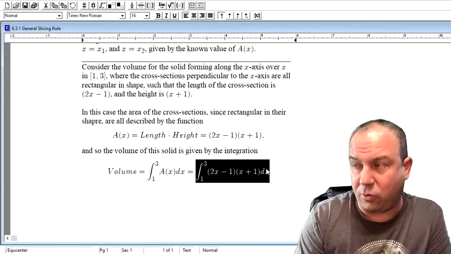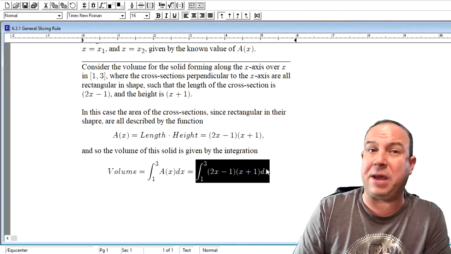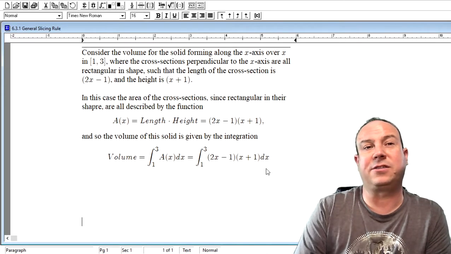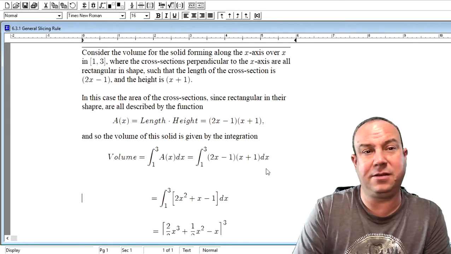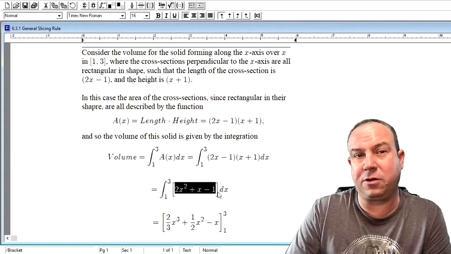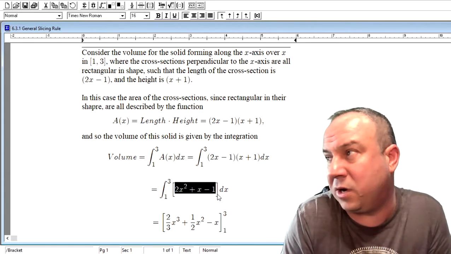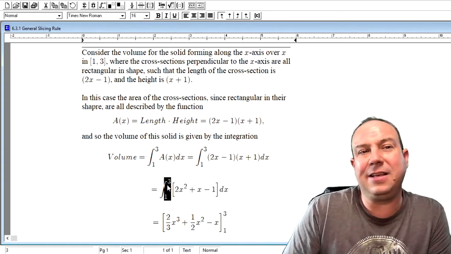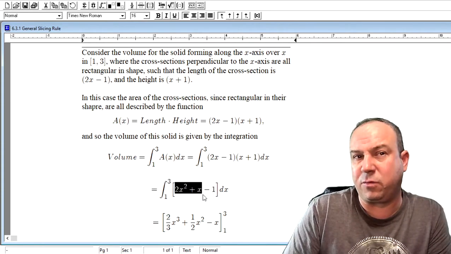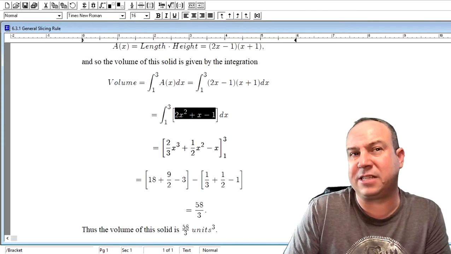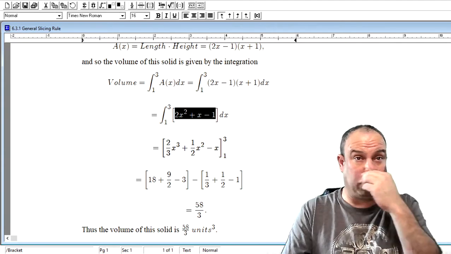Realize to actually perform the integration here, we may consider expanding this integrand into a nice polynomial. What would that be? 2x squared plus x minus 1. So I could expand this into the quadratic 2x squared plus x minus 1, rather explicit here now, where we can integrate it across this interval from 1 to 3 using the fundamental rules of integration: sum and difference, constant multiple, and power rule.